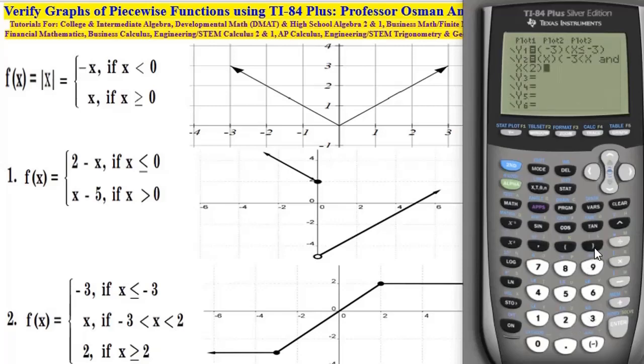So that is x between minus 3 and 2. Then it is a constant 2, and this is valid for x greater or equal to 2.